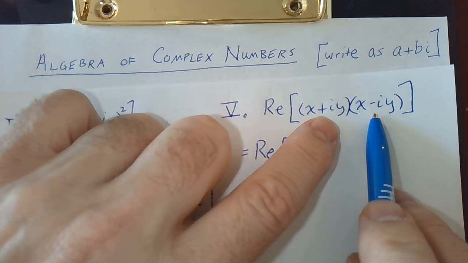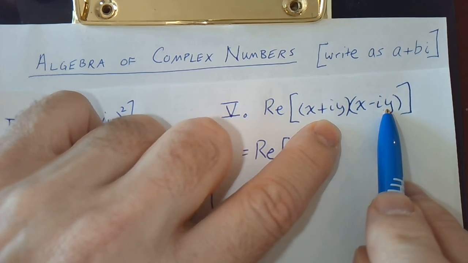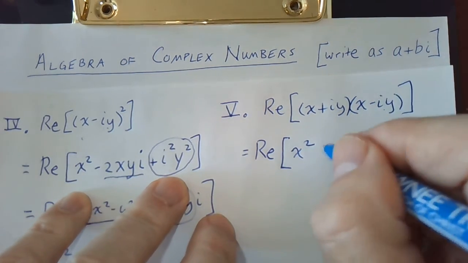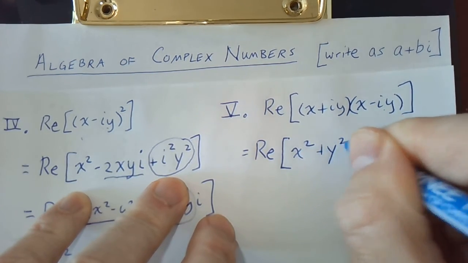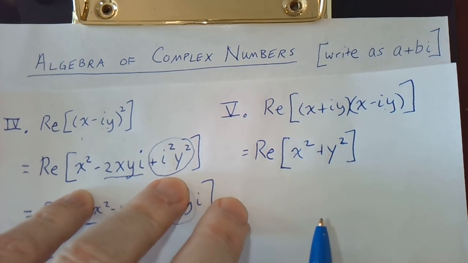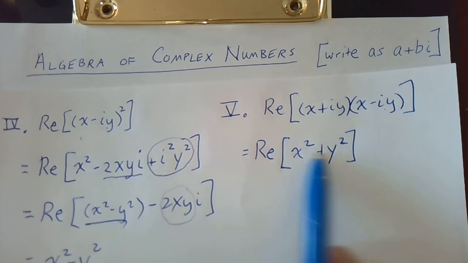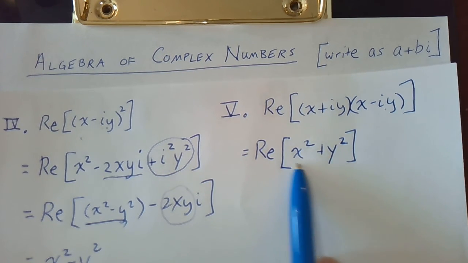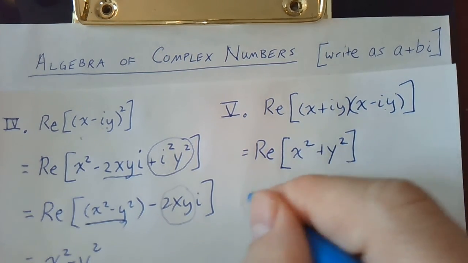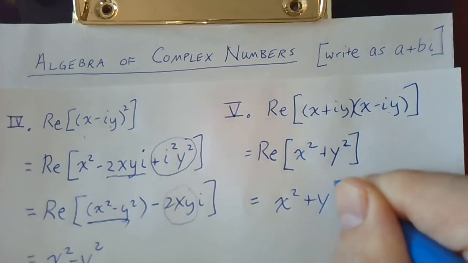And when you multiply the last, you get iy times negative iy, which is a positive y squared. So in essence, we are taking the real part of a real number. There is no imaginary part in this number, and i doesn't show up anywhere. So the real part of that is x squared plus y squared.